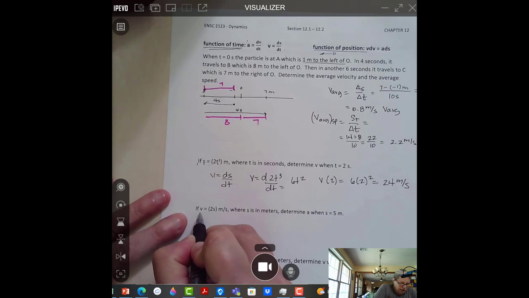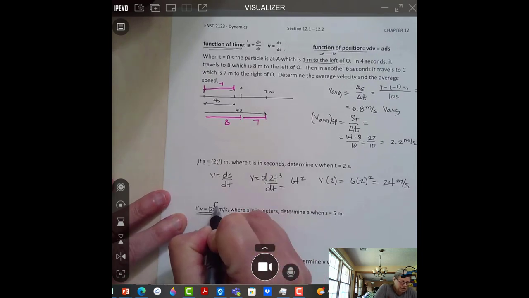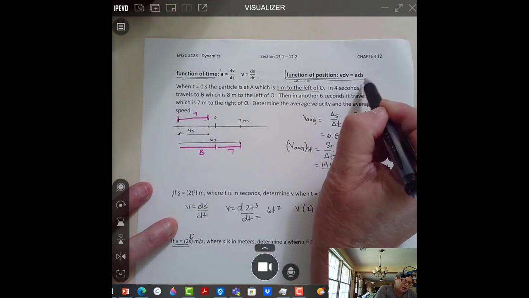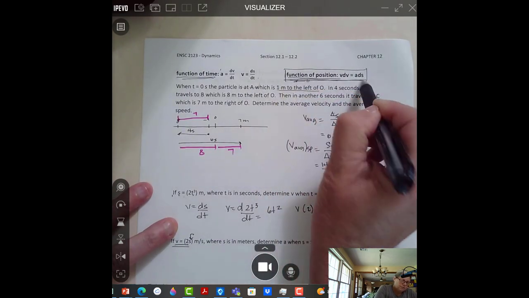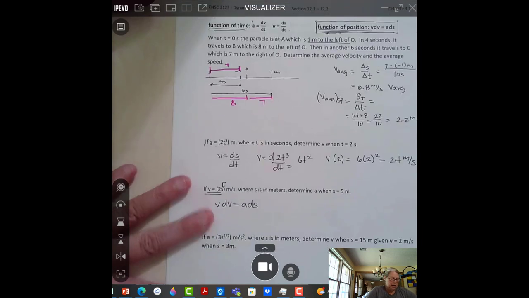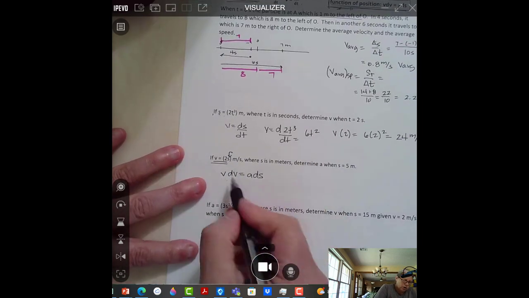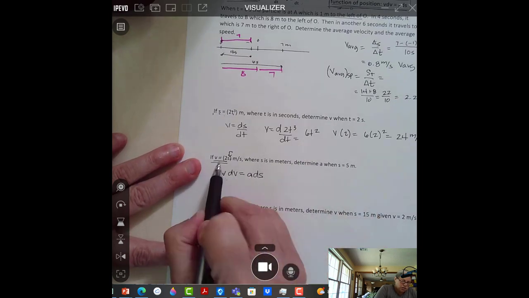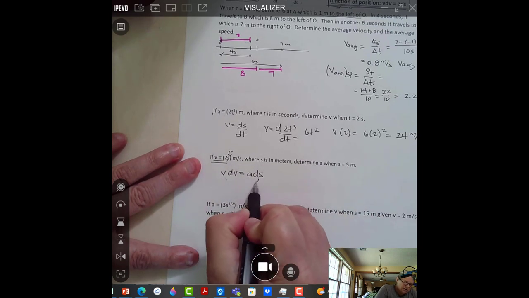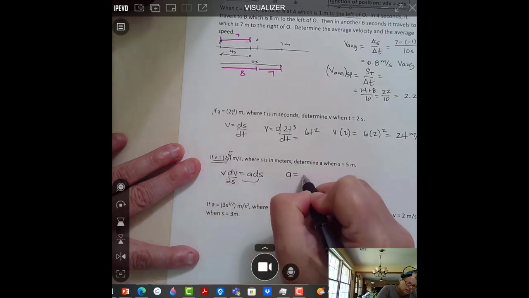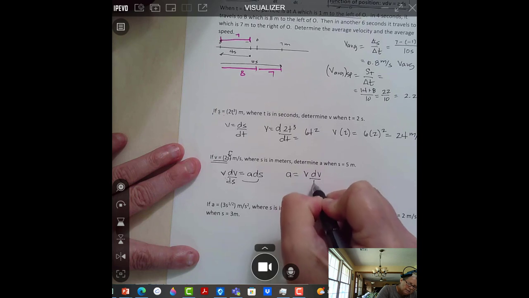Here we have our velocity, and this time we are given it is a function of position. So when we're looking at a function of position, I'm going to start with v dv equals a ds. I'm given an equation for velocity of 2s, and I'm trying to find acceleration as a function of s, so I need to divide over by ds so that my acceleration is v dv/ds.